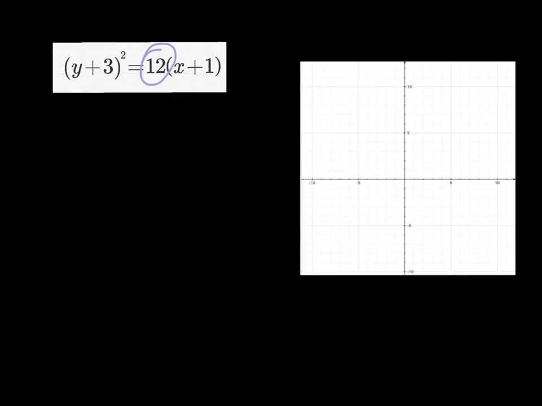If it is positive and y is the squared term, the parabola will open to the right. If it were negative, the parabola will open to the left. In this case, the vertex, as you can see, is (-1, -3), because the vertex is always (h, k). This will be the vertex.